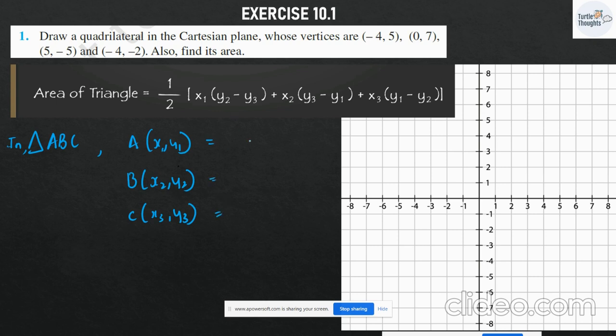So my coordinates are going to be minus 4 comma 5, here it is going to be 0 comma 7, and here it is going to be 5 comma minus 5.